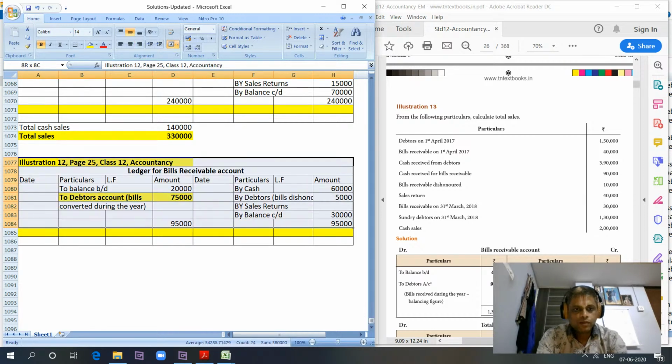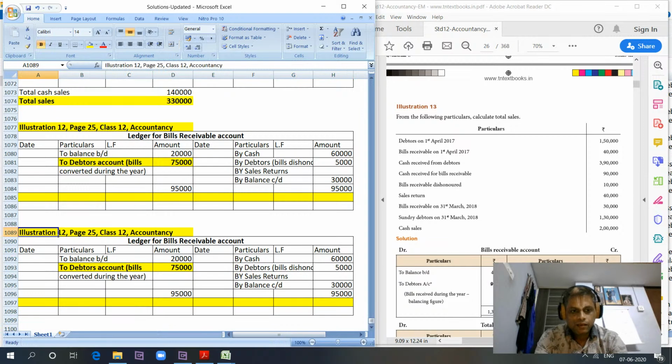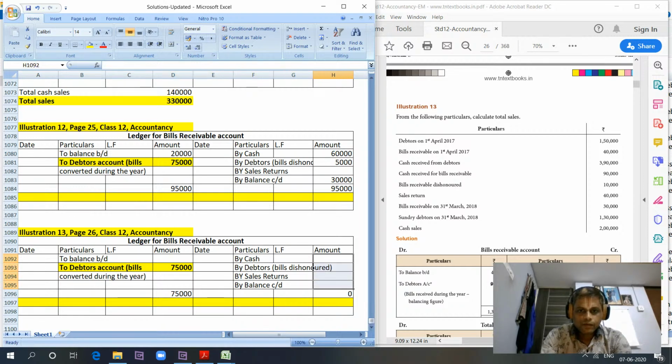I'm copying the format as usual. I'm in illustration 13, page 26.